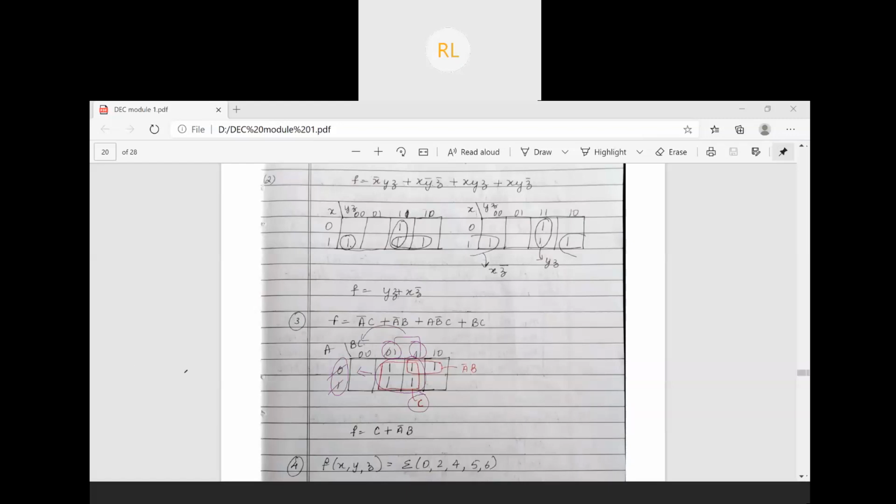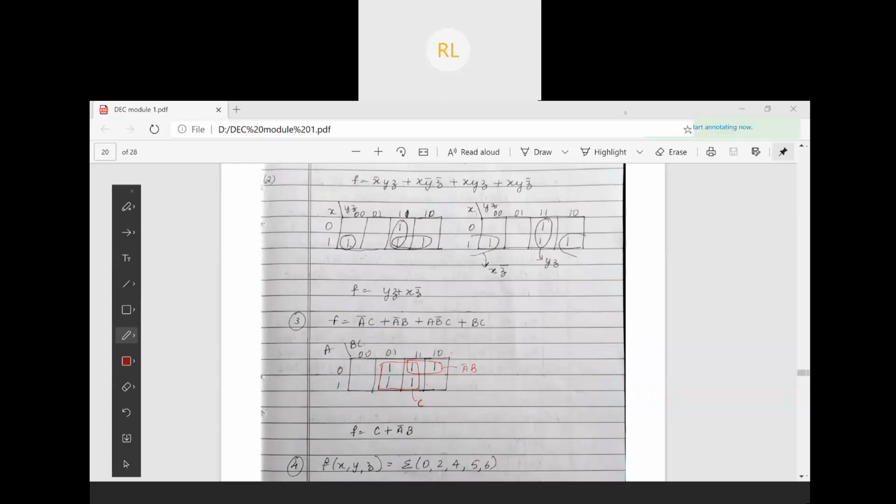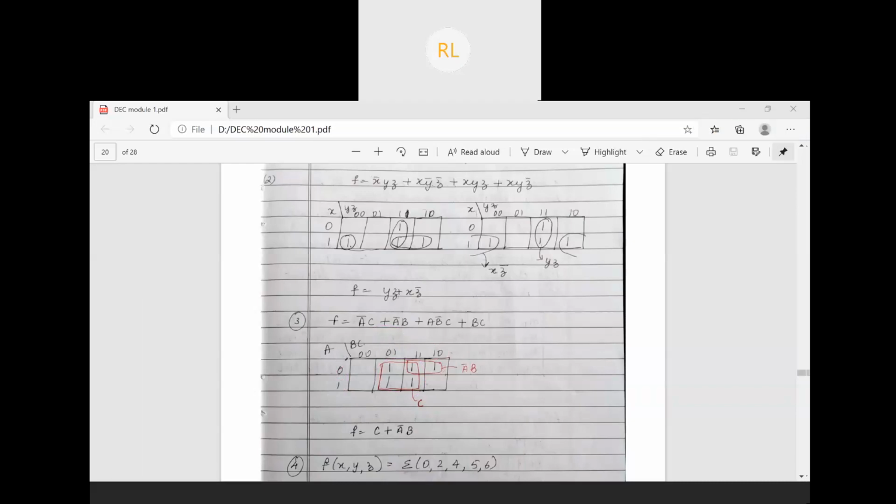Similarly, the other group. How is the other group? I have 1, 1. So this is one of my groups, which means I will have to look at 1, 1, and I will have to look at 1, 0, and I will have to look at A bar. Since there is no 1 here, this 0 is going to remain. So this 0 which remains becomes my A bar.